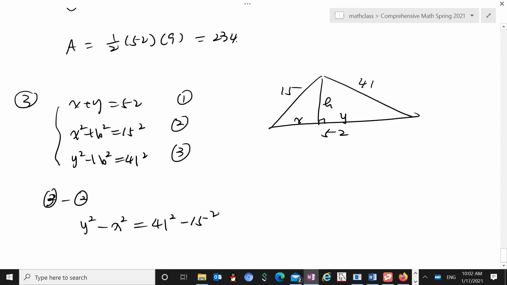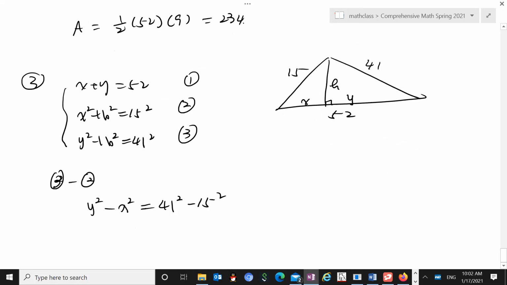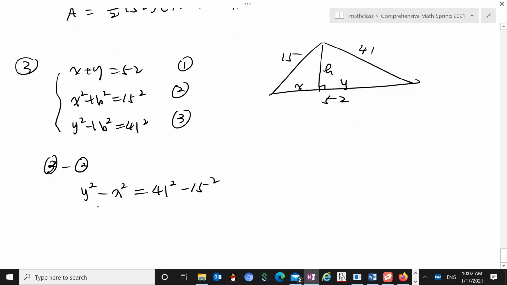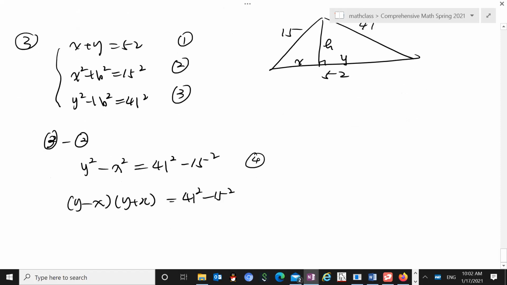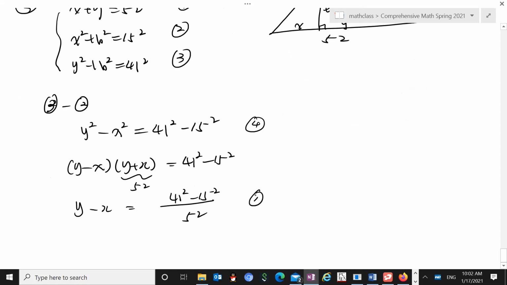That's equation 4. But y squared minus x squared will be y minus x times y plus x, and y plus x is already given, 52. So y minus x is 41 squared minus 15 squared divided by 52. That's equation 5.